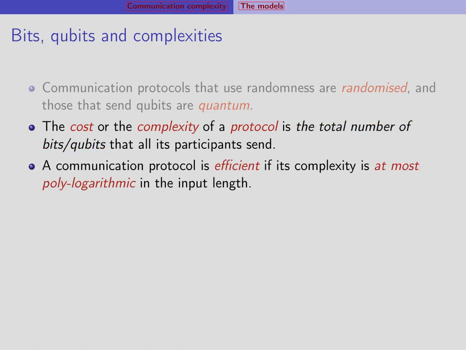A communication protocol is efficient, or we view it as efficient, if its complexity is at most polylogarithmic in the input length. This notion of efficiency makes sense in the context of communication complexity.